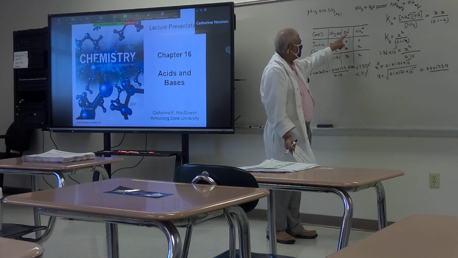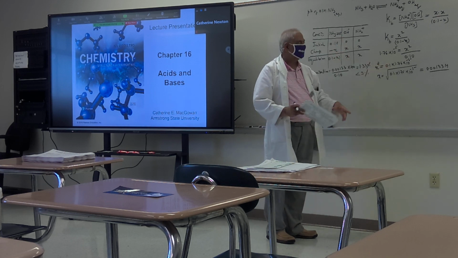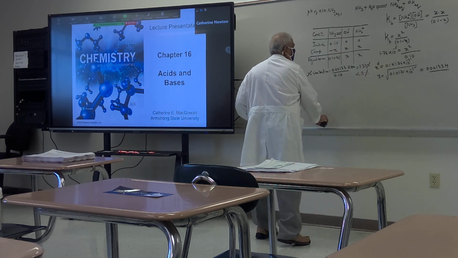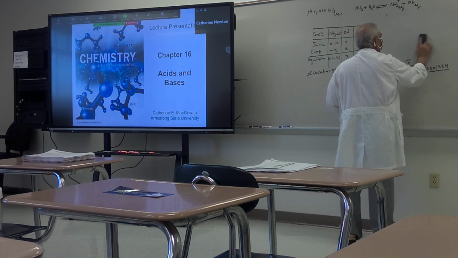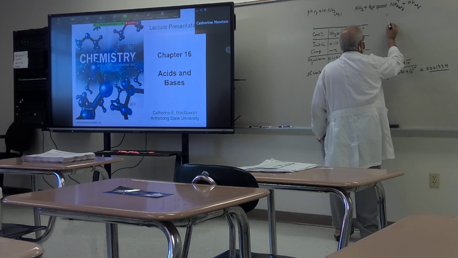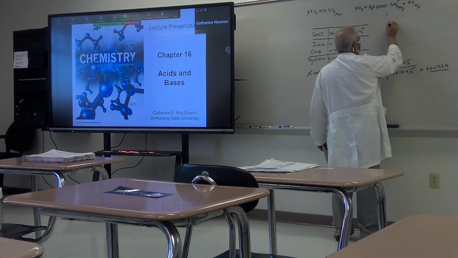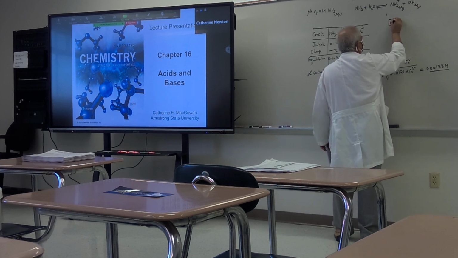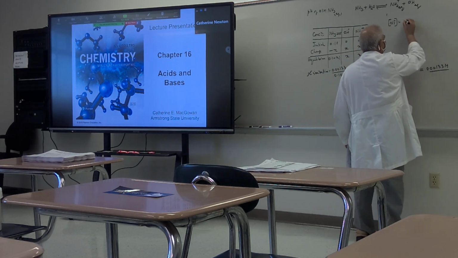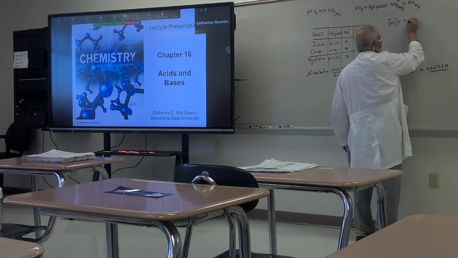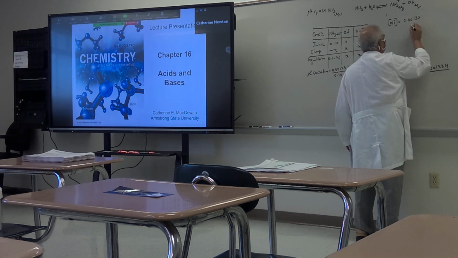Now what is the concentration of OH minus, which is x? The concentration of hydroxide ion, OH minus, equals x, and x is nothing but 0.00133, correct?